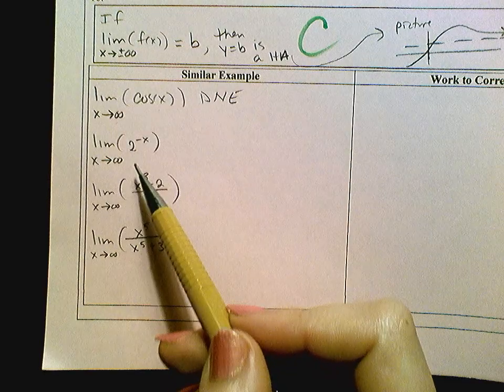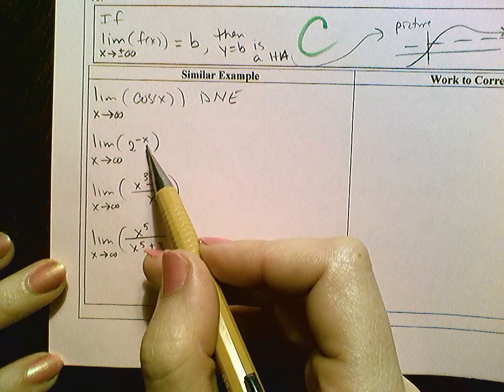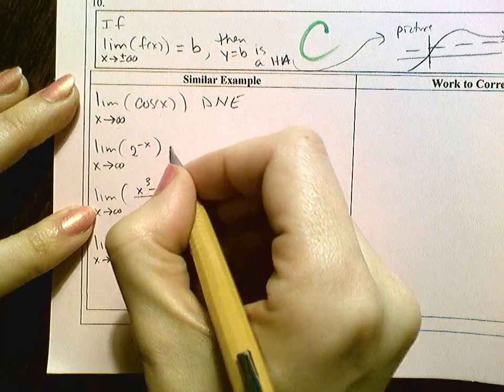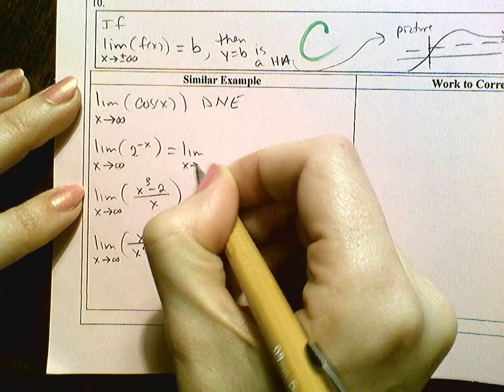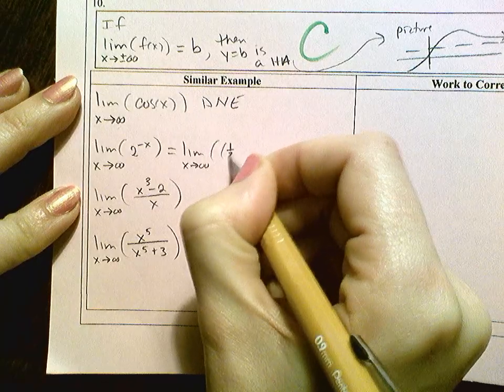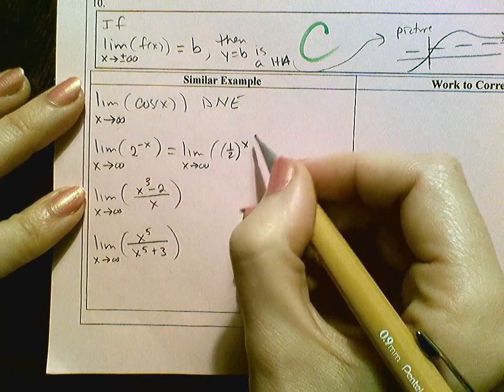Now this one here, 2 to the negative x, you can actually rewrite this inside like this. This is the same as the limit as x approaches infinity of 1/2 to the x, right? Because 2 to the negative 1 is a half.